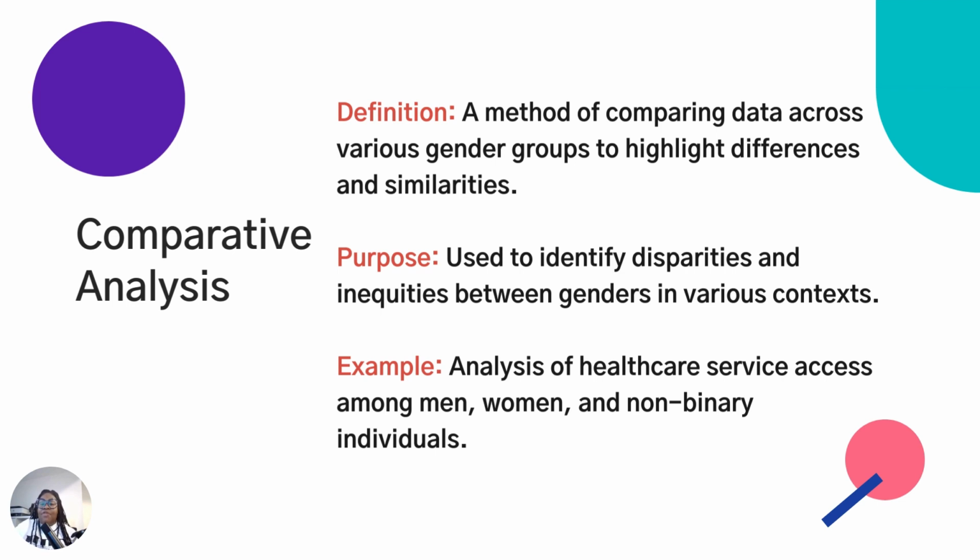This comparison can reveal significant differences in service utilization, pointing us towards areas that require more targeted interventions. By applying comparative analysis, we gain a clearer understanding of where and how our policies are impacting different gender groups unevenly.